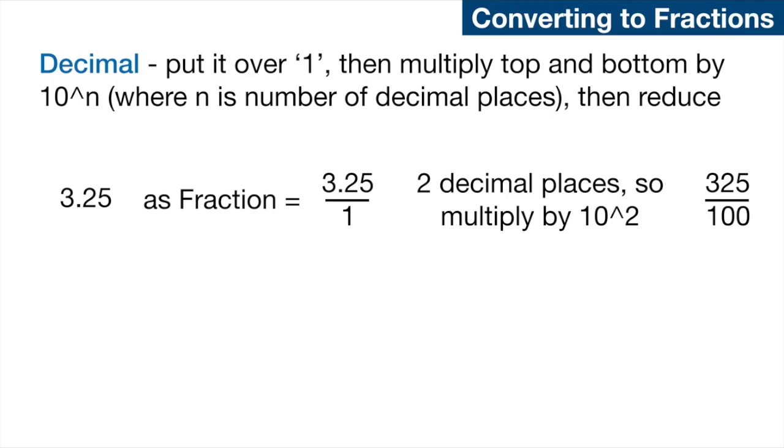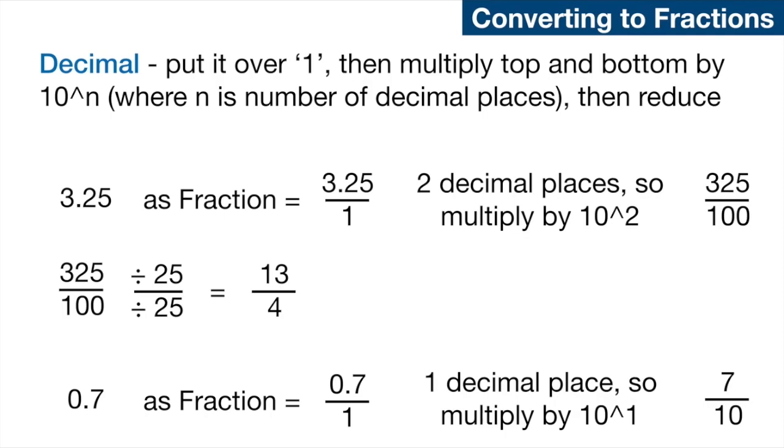That gets rid of the decimal on the top. We have 325/100. Now we need to reduce. So we can see both these numbers are divisible by 25, so to reduce we just divide by 25 and we get 13/4. That's 3.25 expressed as a fraction and reduced to its simplest form.